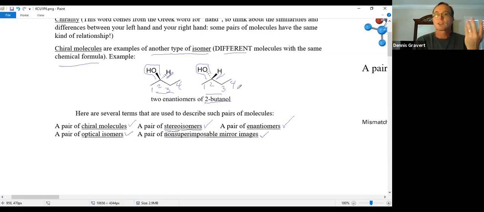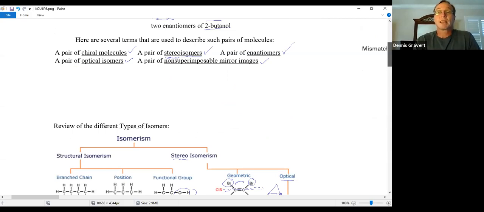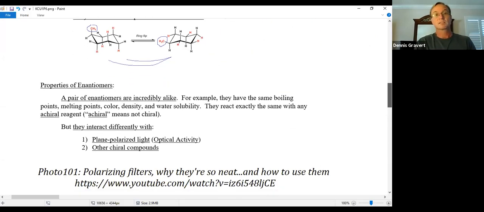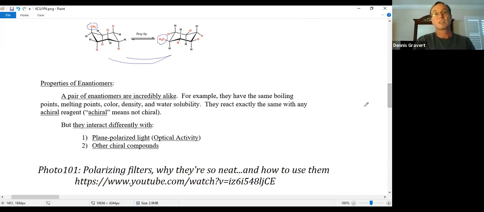There's 4 carbons here, there's 4 carbons here. If you draw Newman projections, they're going to have the same energy minimums, gauche and anti, and eclipsed is an energy maximum. You measure the boiling points, the melting points. Look at the color of the molecule. Measure the density. They are the same.